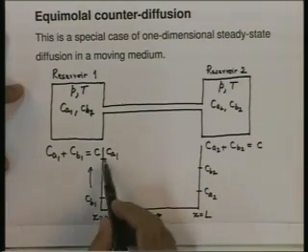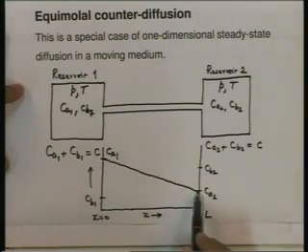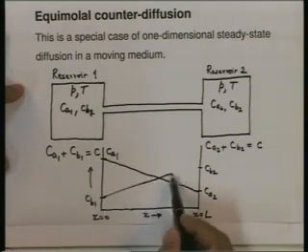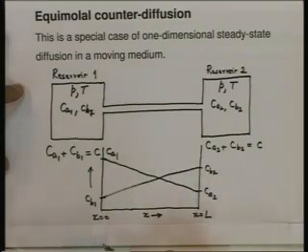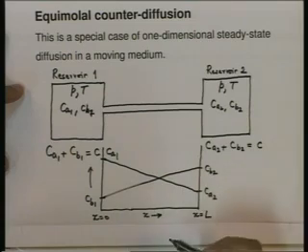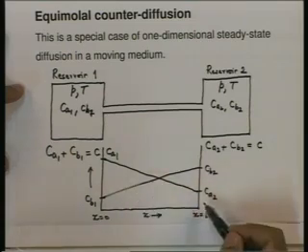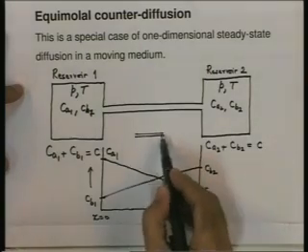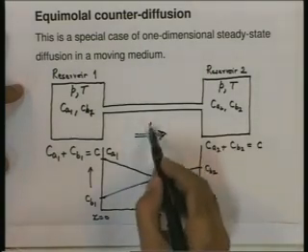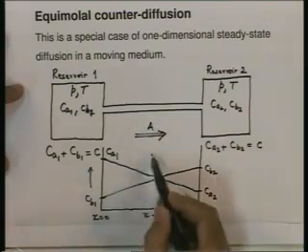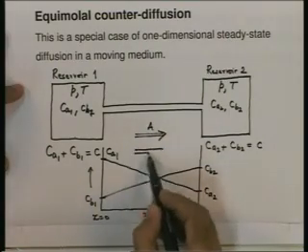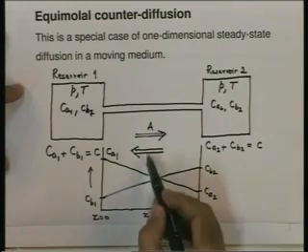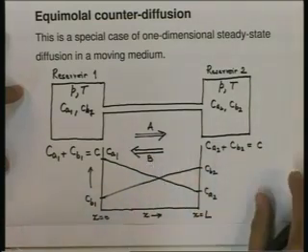Our aim is to determine the variation of concentration for A and B between reservoirs 1 and 2 along the connecting passage. The way we have assumed things, Ca1 is higher than Ca2, so there will be a diffusion of component A from reservoir 1 to reservoir 2, and a diffusion of component B from reservoir 2 to reservoir 1.